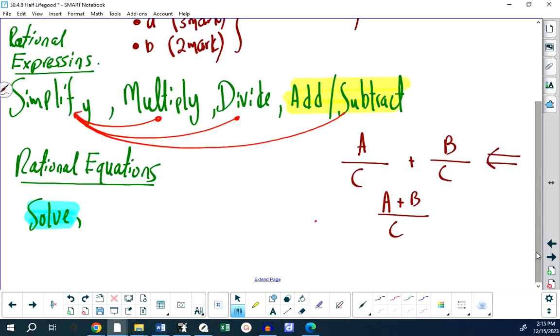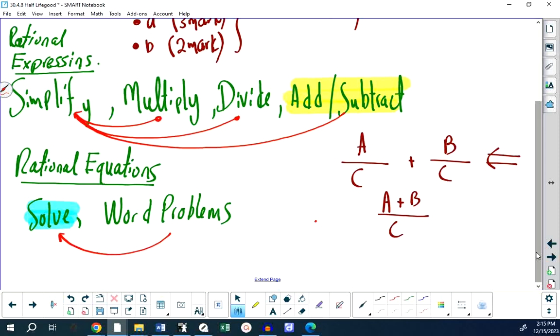Under rational equations, the other topic I would describe to you is word problems. And this is perhaps for many of you the most challenging part of the unit. It's not getting the answer once you've developed the equation, but it's getting the equation to solve it. Do you get my drift here?